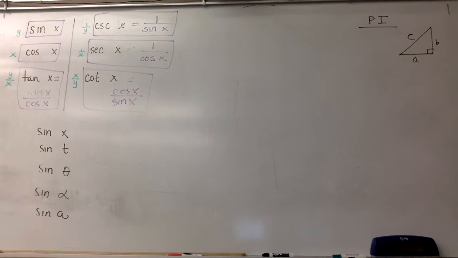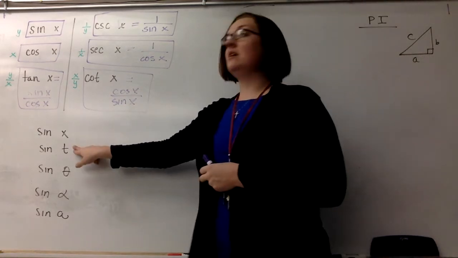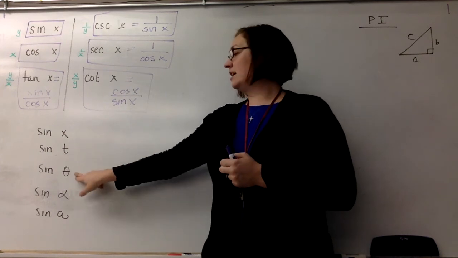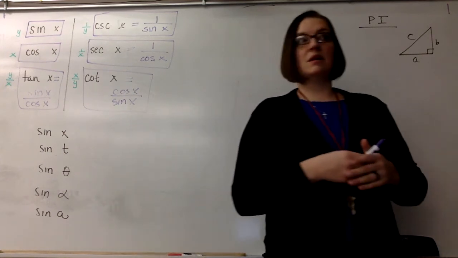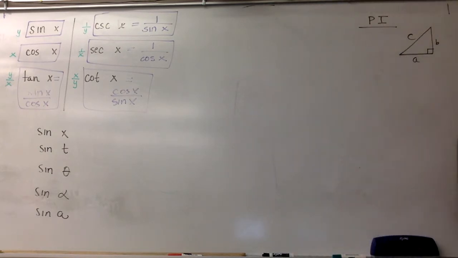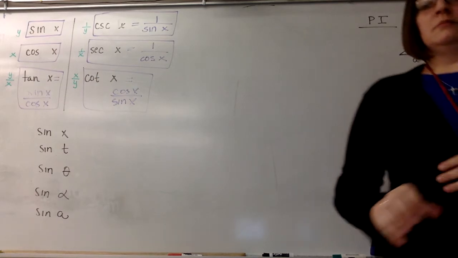Could be 30 degrees. Typically, when we talk about x and t, they're going to be radians. Theta can be degrees. And then the other Greek symbols, it really depends on the application of it. Questions so far?